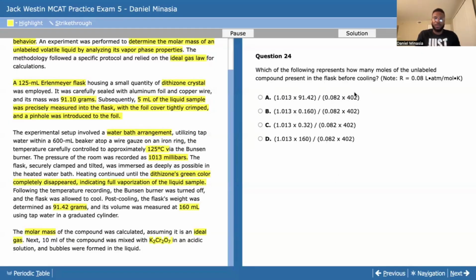So n equals, this is T, this is R. The thing we can change the most to find moles looks like volume, and this is P. So n equals P times V over R times T. And literally, if you do the change of subject formula, that is what you will get.